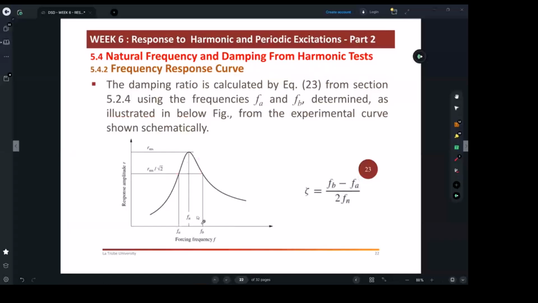So first, you need to do the experiment, find the frequency curve, then plot it, then try to find specific properties to help you do other activities.